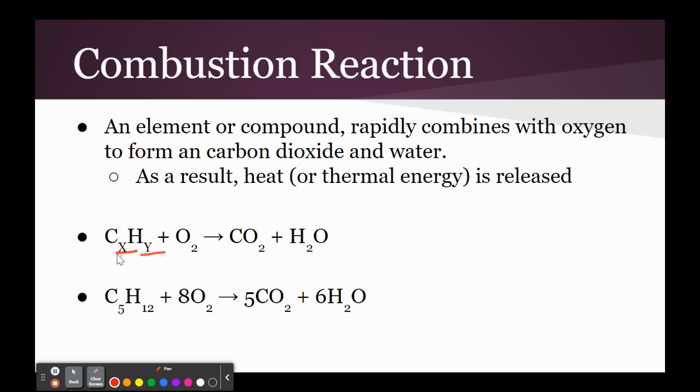Those numbers will be replaced with any combination of numbers in a specific equation, but the rest of the equation looks very similar because the hydrocarbon will always combine with oxygen, and as products we will always get carbon dioxide and water. It doesn't matter what type of hydrocarbon you have here. It could be CH4, it could be C3H8, it could be C5H12 like we have here. It's always going to combine with oxygen, and it's always going to produce CO2 and water.